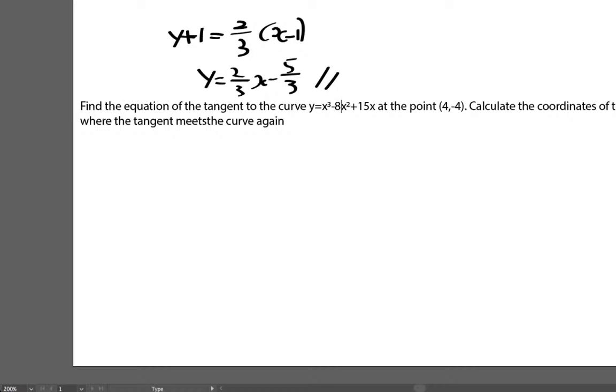It's 16 times 8, that's 128. Yeah, the result is negative 4. So it is correct that the point 4 point negative 4 is on the curve. Good. This is a very good thing to have. So we want to find the coordinates where the tangent meets the curve again.